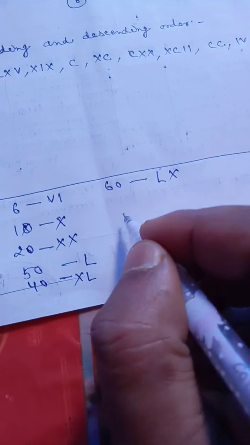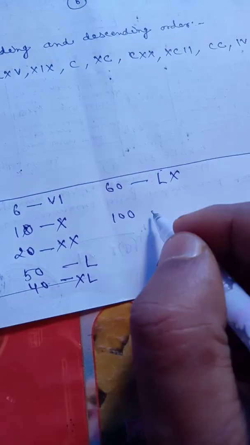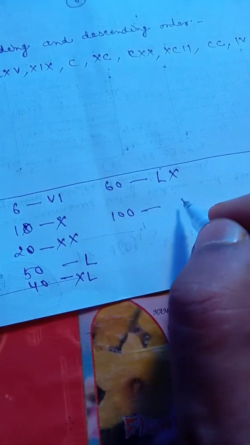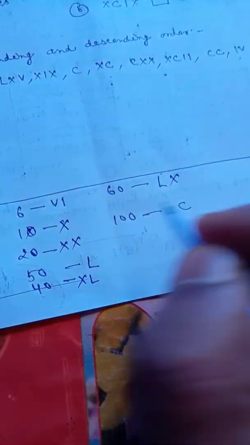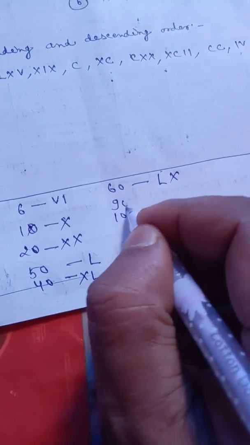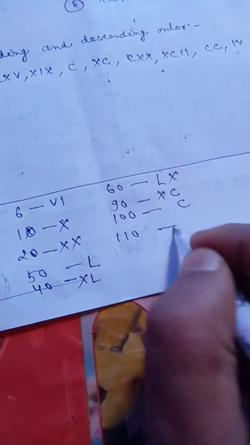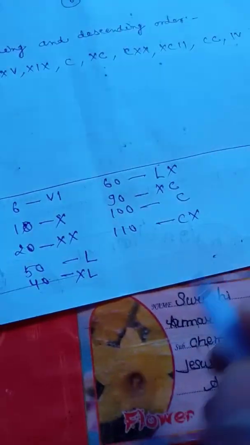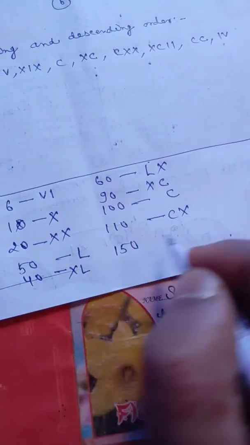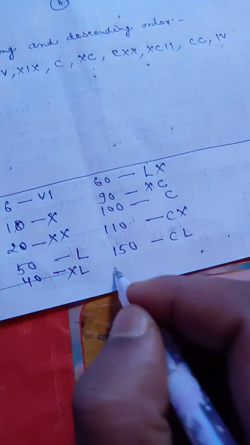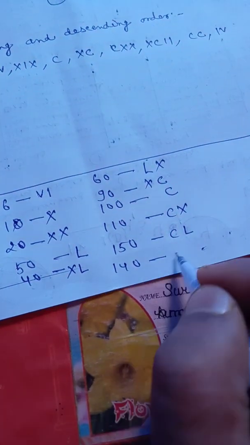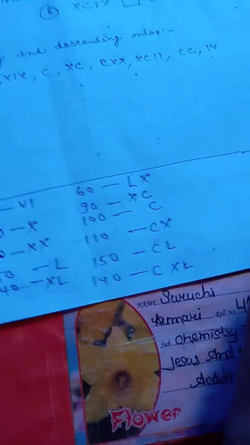LX. Now 100 is represented in the Roman number system as C, 90 XC, 110 CX, 150 CL, 140 CXL.